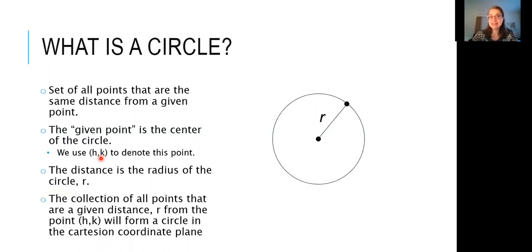Now that distance that I talked about a minute ago, that's just the radius of the circle. So the collection of all points that are a given distance r from the point (h, k) will form a circle in the Cartesian coordinate plane that is centered at that point (h, k).